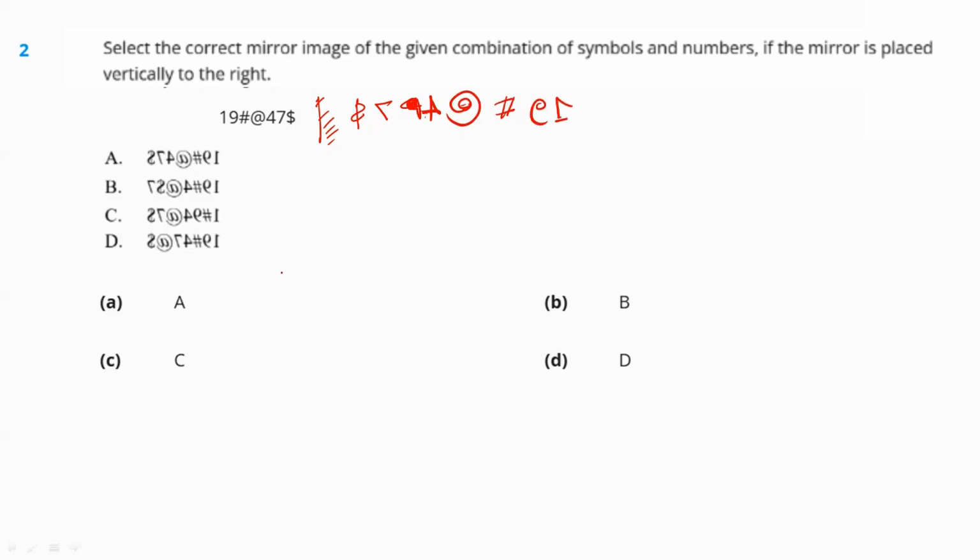Where do we see this? We see this in option number A, this kind of arrangement. So option number A is our right answer for this.